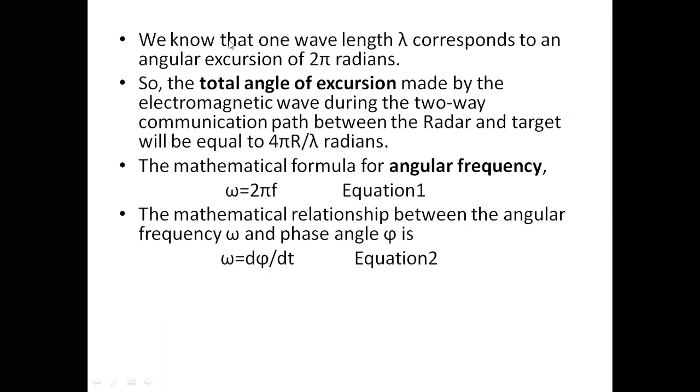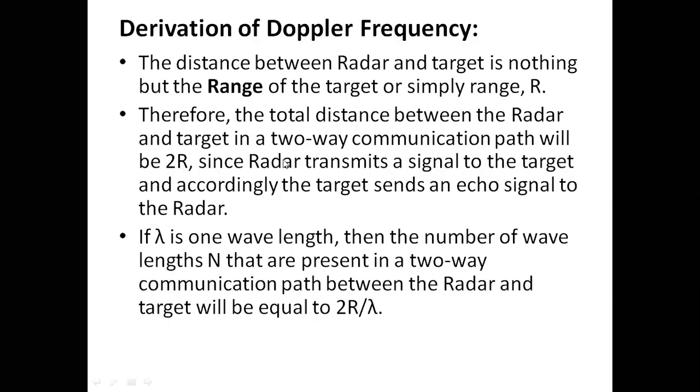Next, here we know the equation that one wavelength lambda corresponds to an excursion of 2 pi radians. So the total angle of excursion made by the electromagnetic wave during the two-way communication path between the radar and the target will be 4 pi R by lambda radians. So here the distance is R from the radar to the target.